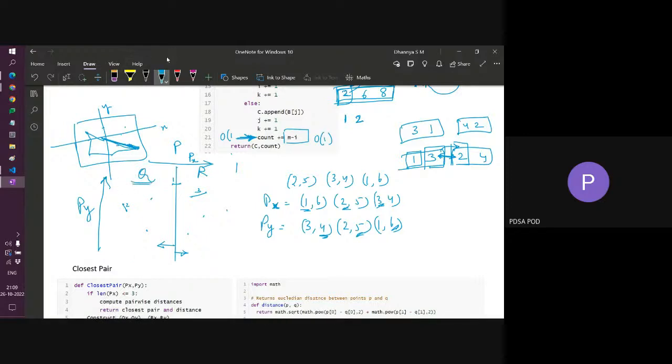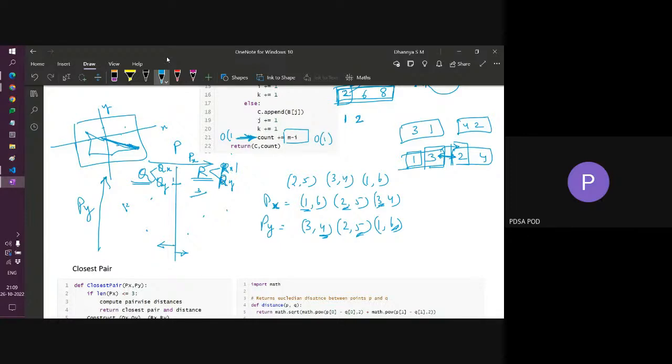So you have the left part, which is Q, and the right part, which is R. Now for this problem you also need Qx and Qy. If you want to divide into smaller problems, you need Qx and Qy. Where I'm using Qx and Qy, I will show you when we see the code. Sorry, Rx and Ry.